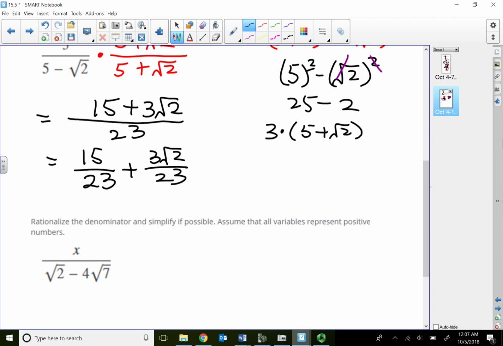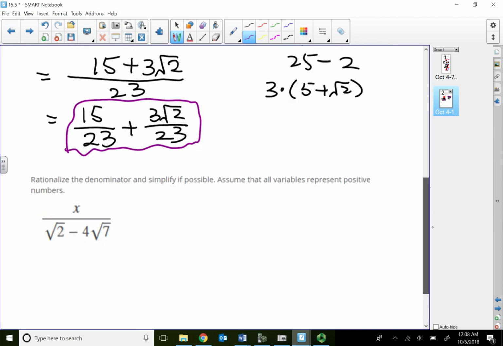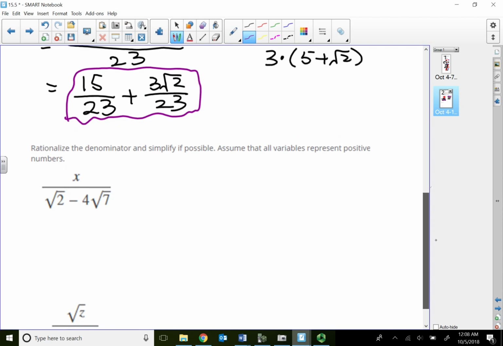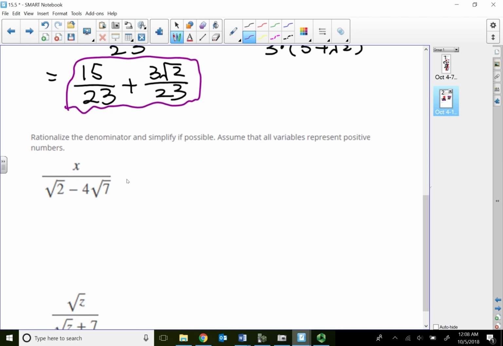This form is more commonly seen, where we split them up, but there's definitely nothing wrong with writing them all together. There's a reason why I'm not saying more at the moment, until we get to imaginary numbers. So either way will work. All right, let's take a look at another one.